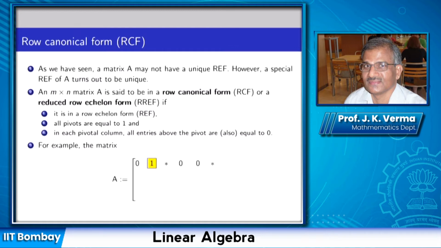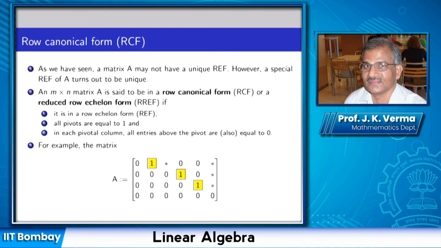So for example, look at this matrix. The first column is 0. The second column contains a pivot, and all the entries below the pivot are 0. The third column doesn't have any pivot. The fourth column has a pivot in the second row, and all the entries above this pivot and below this pivot are equal to 0.